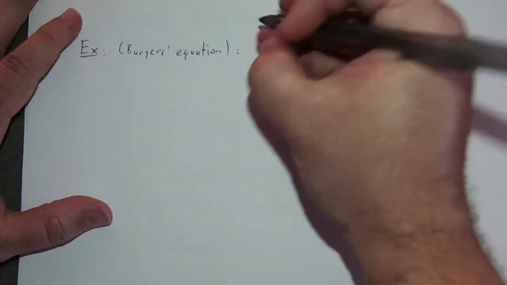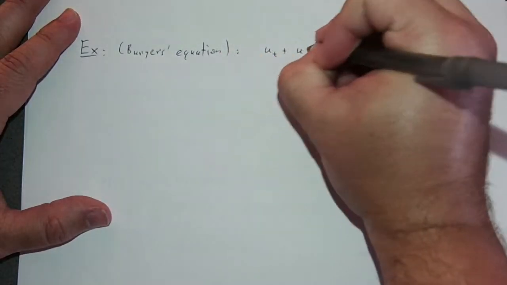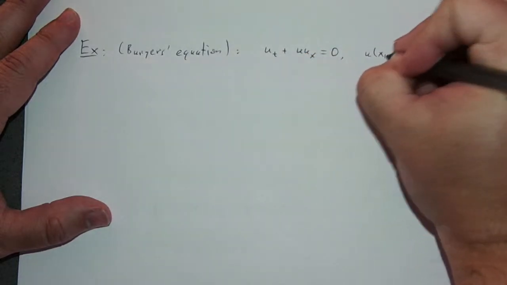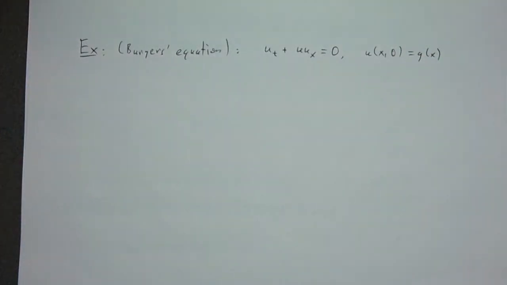Burgers' equation is u sub t plus u u sub x equal to 0, and my initial data is given by g.